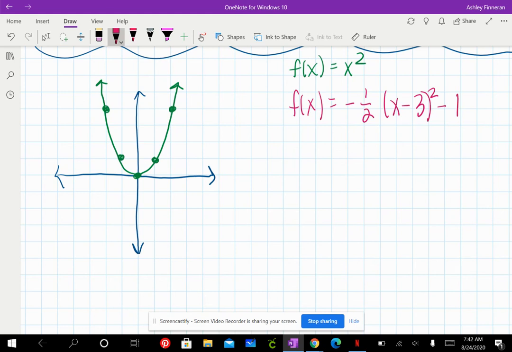The very first thing I would think is, what's my vertex? And my vertex is 3, negative 1. So opposite sign, negative 1. So I'm going to plot that first.